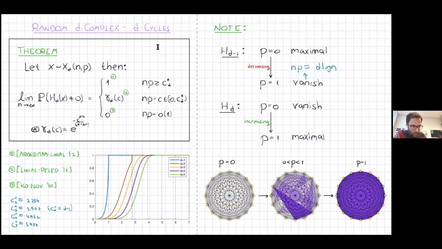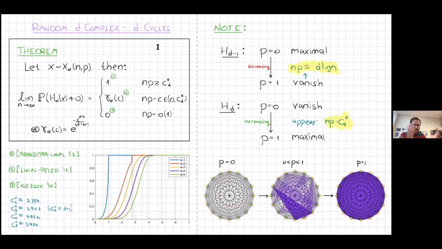And basically what the theorem on the left tells you is that they appear when np is this constant value. Namely, they appear with probability 1. So these are two different phase transitions that happen at different places.